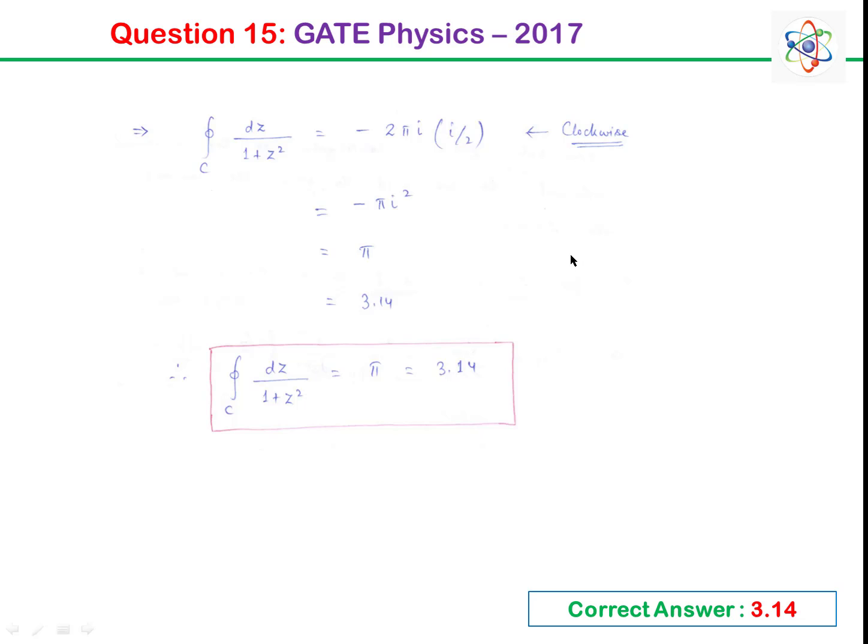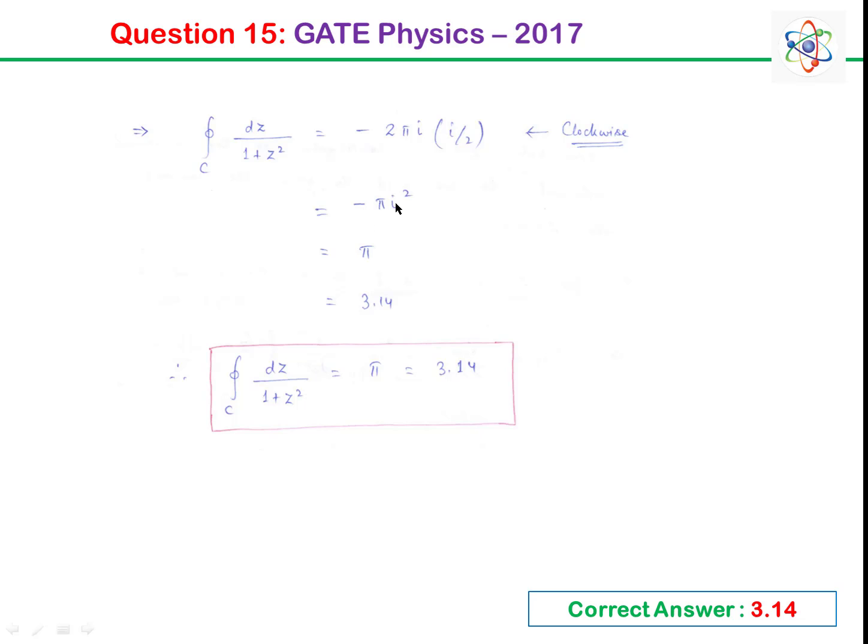Now if we substitute the value of a minus 1 in the required integral, the integration of dz by 1 plus z square becomes minus 2 pi i into i by 2. The 2 cancels, so we are left with minus pi i square, and i square, we know, is equal to minus 1.